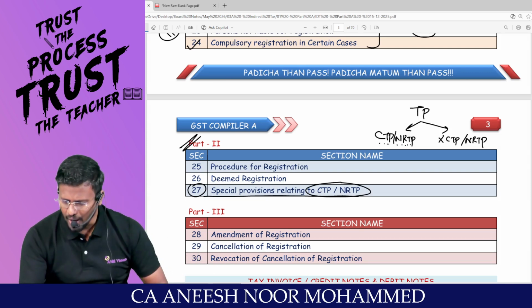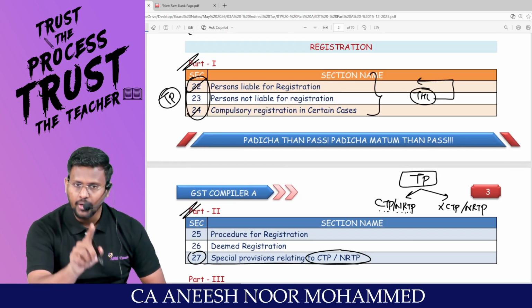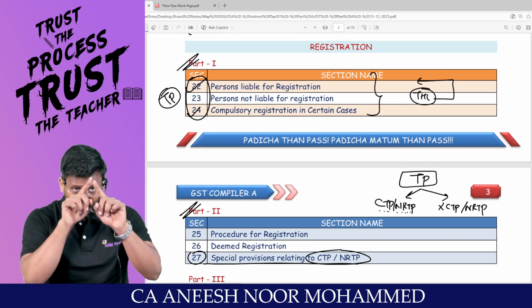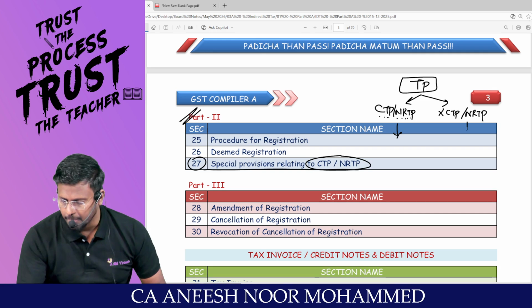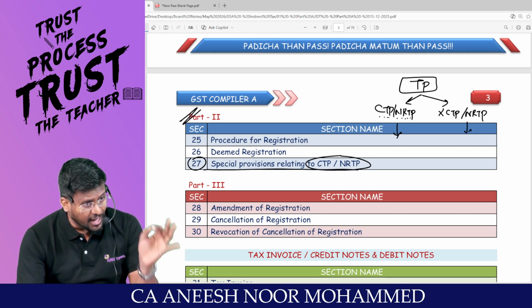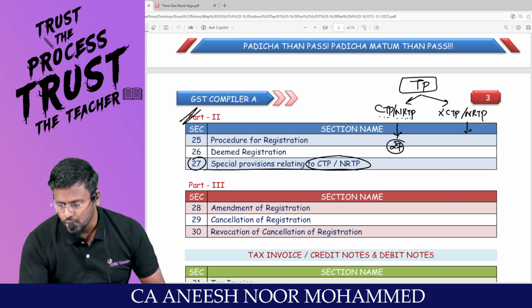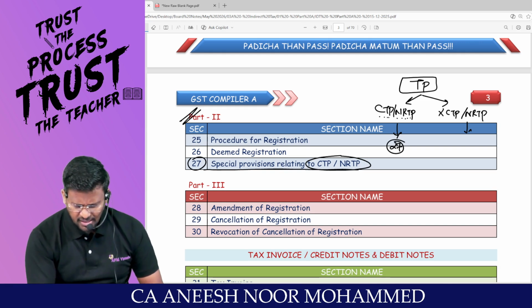You are a taxable person. You fall under section 22 or 24. Then you classify the taxable person into two categories: either a CTP or NRTP, or other than CTP or NRTP. If you are a CTP or NRTP, please follow the section 27 route. What is section 27?